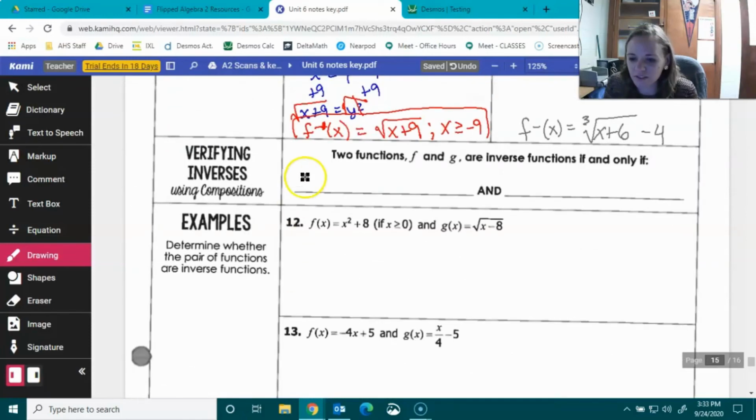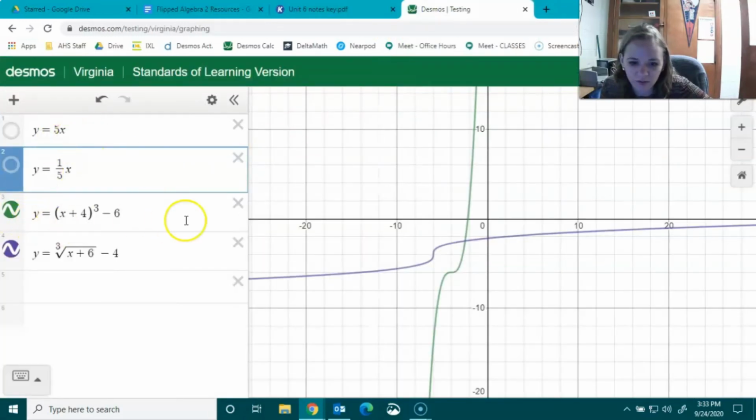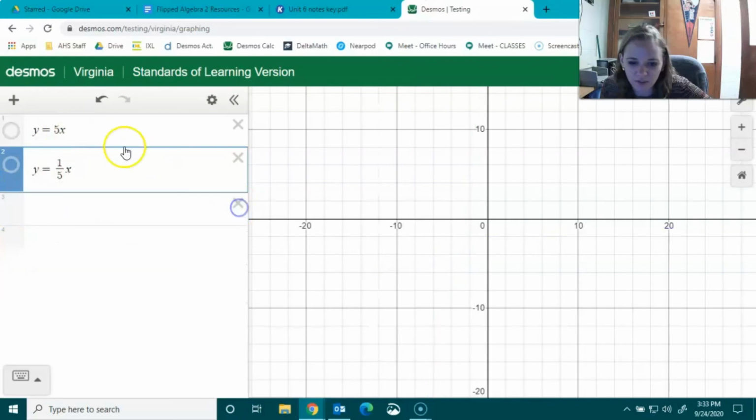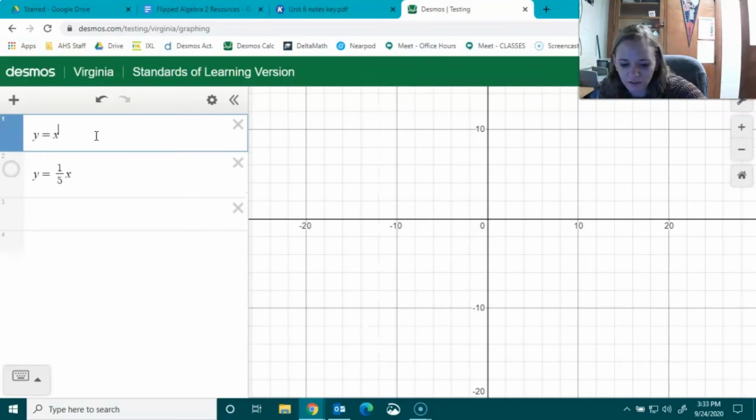So we're going to test these. We're not going to do it this way. We're going to cancel that out and determine whether these are functions based on my graph. Okay, x squared plus 8 is the first one. Let's eliminate these.